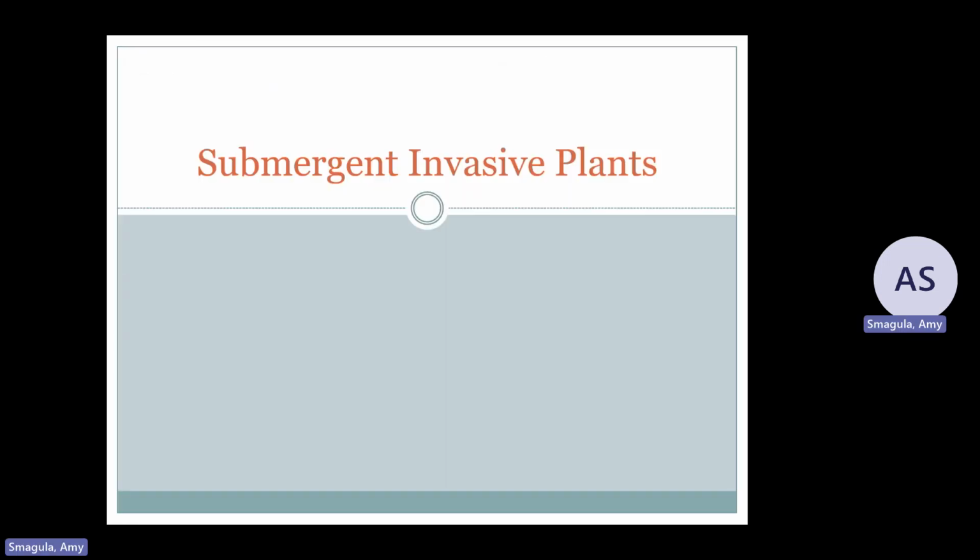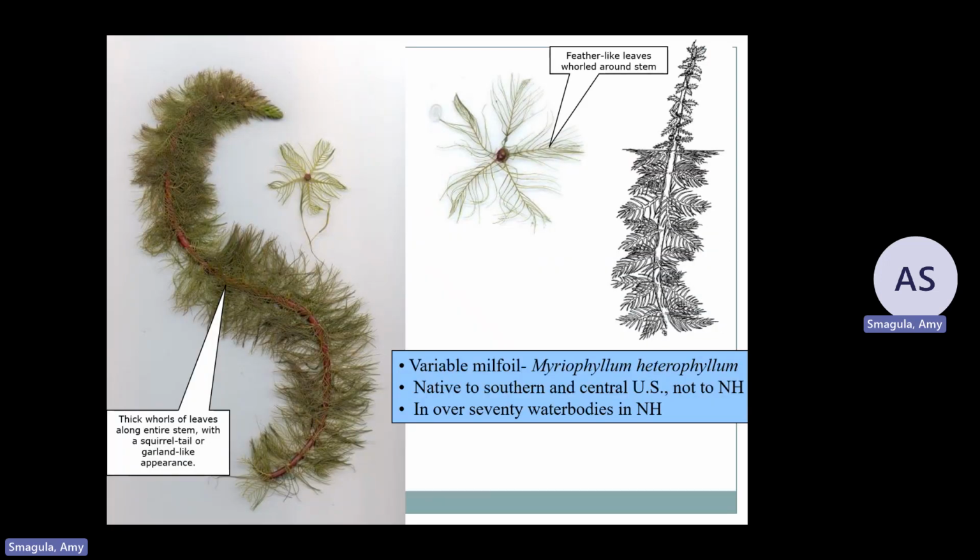So moving into that underwater invasive plant zone, this is, again, as I mentioned, for the native submersed, a tricky zone because a lot of things look alike. So for the invasive submergent plants, we have variable milfoil. This one is the most abundant invasive plant in New Hampshire, the most common and the most abundant in terms of plant density.